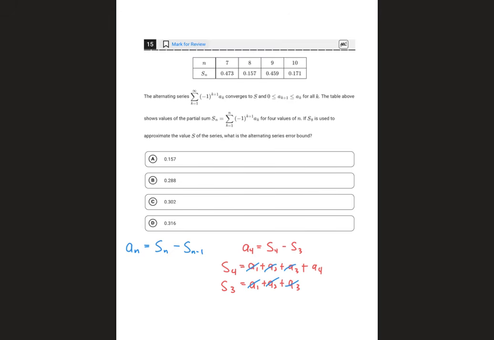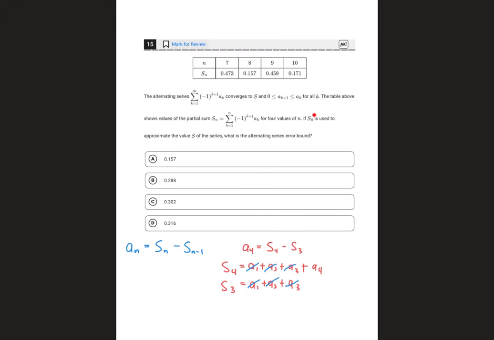The n plus first term is less than the nth term, so any term is less than the previous term. So this just says it's decreasing and positive, or non-negative. And that just has to be true in order for the alternating series to converge, I guess. So they're just restating that. Okay, the table above shows the values for the partial sums of this series.